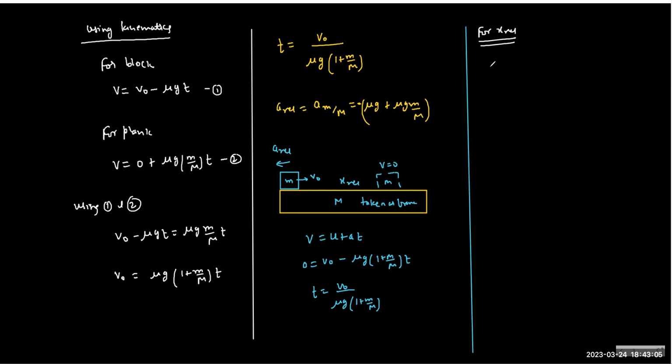V relative square equals U relative square plus 2A relative into X relative. This is 0, because when you both have the same velocity, it means it is at rest relatively. And so you can get the X relative length.